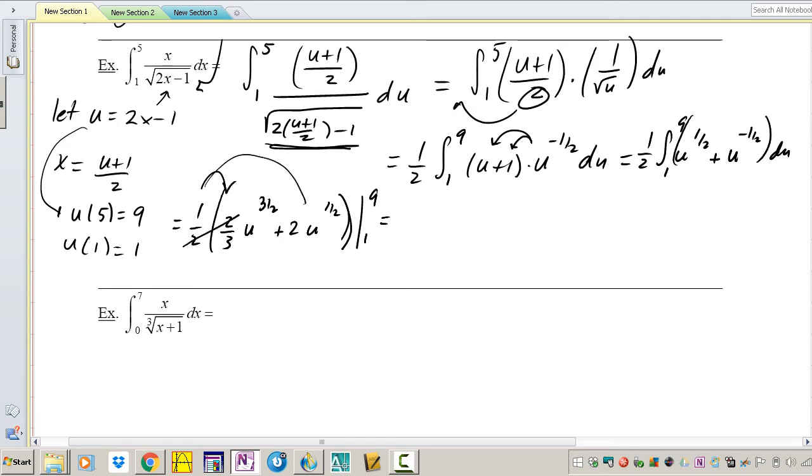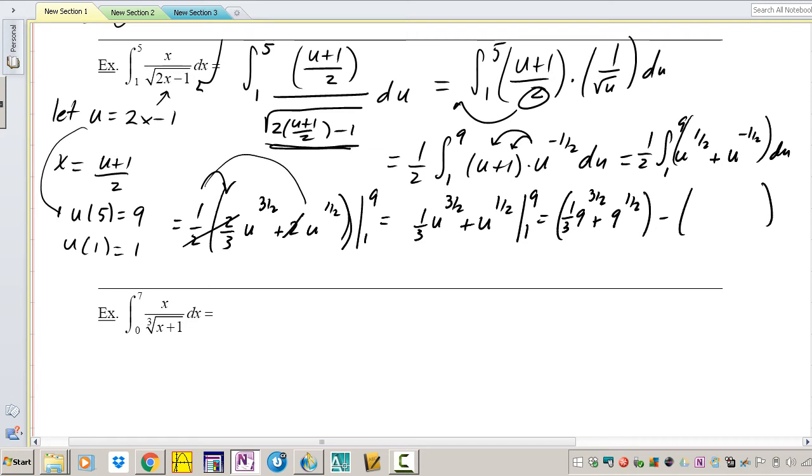So this becomes 1/3 u to the 3/2 plus u to the half from 1 to 9. And then we can go ahead and use our FTC here. 1/3 times 9 to the 3/2, plus 9 to the half, minus 1/3 times 1 to the 3/2 plus 1 to the half.